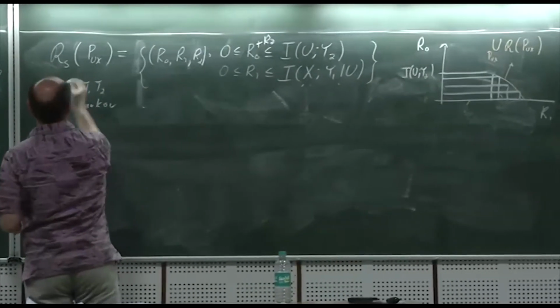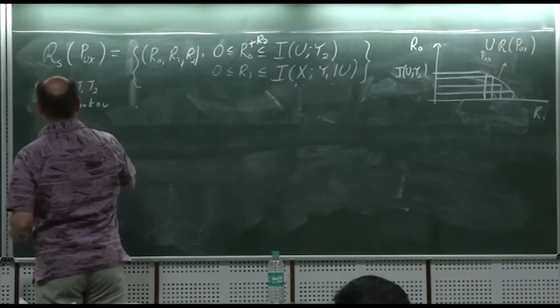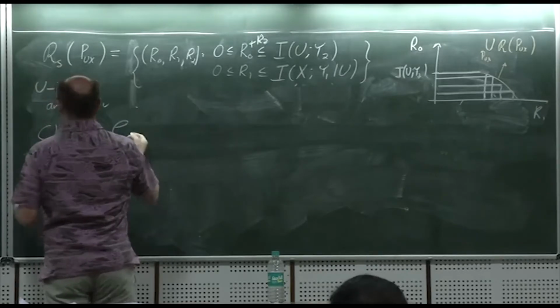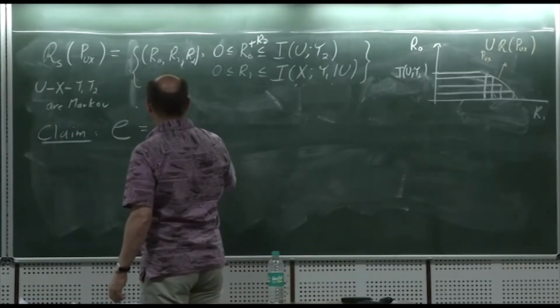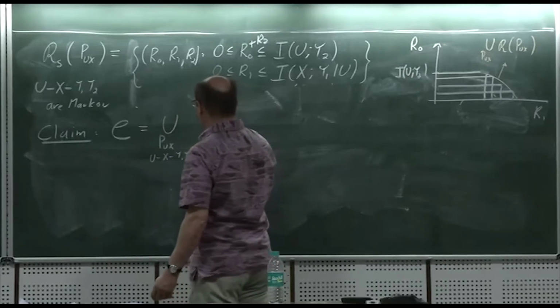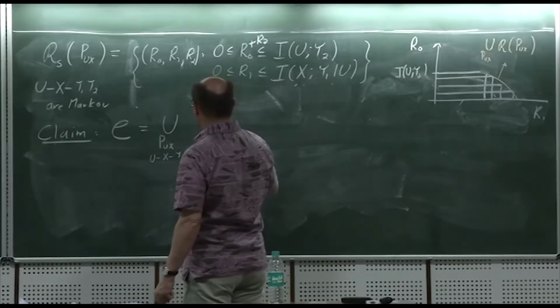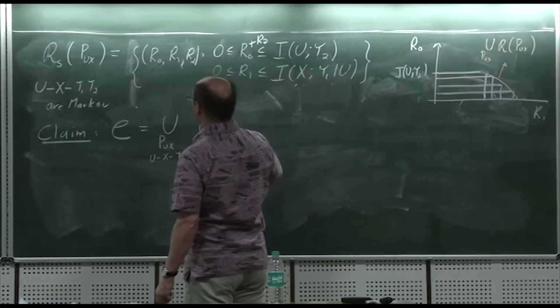So let's do the converse. The claim here is that the capacity region for a degraded broadcast channel is the union over P(U,X), where U, X, Y1, Y2 is a Markov chain, of R(P(U,X)).